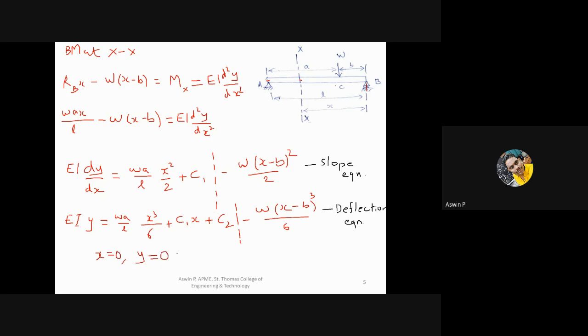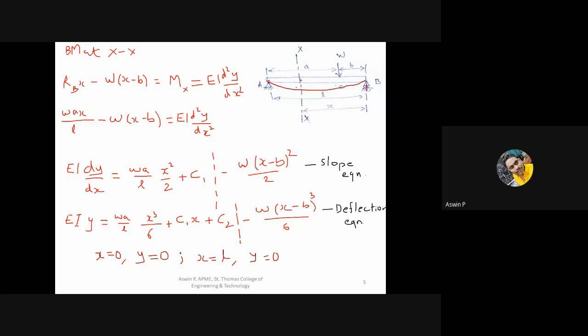Similarly, when you are considering x equal to L, that is point A, automatically y is also 0, because at A and B, when you look, there is a support at A as well as B. So the deflection will be like this only.